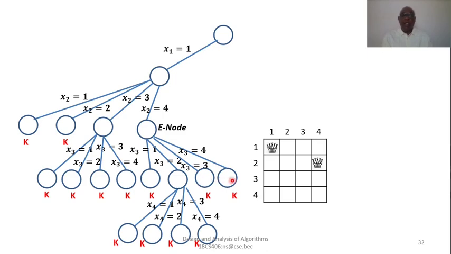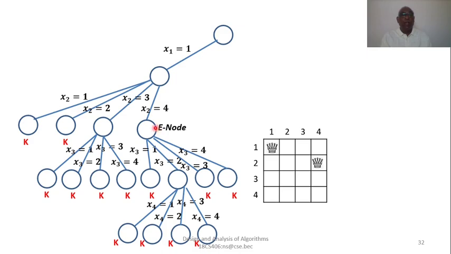Let us see this more illustratively with the help of the board configuration. x3 equal to 3 violates, x3 equal to 4 violates. So now, what is the next thing that is accomplished? We see that at this E node, we have exhausted all the possible values of x3.